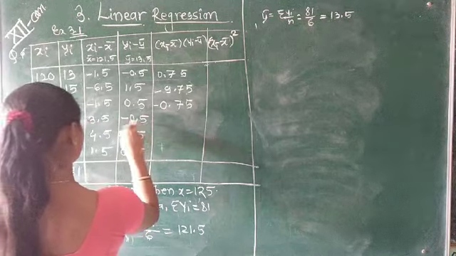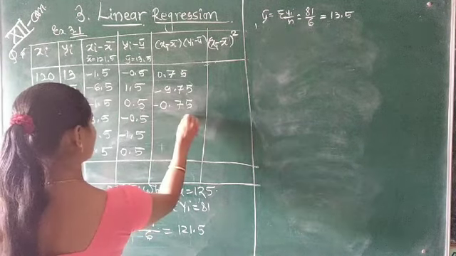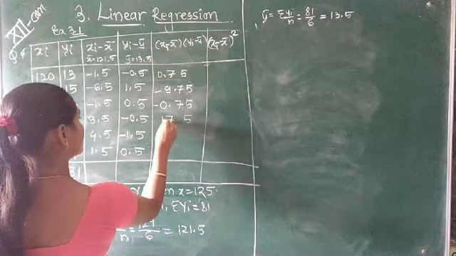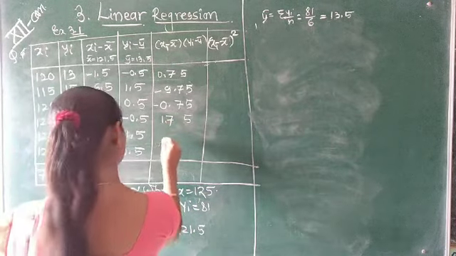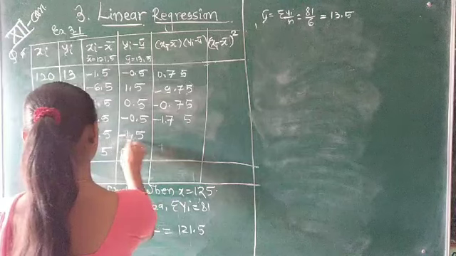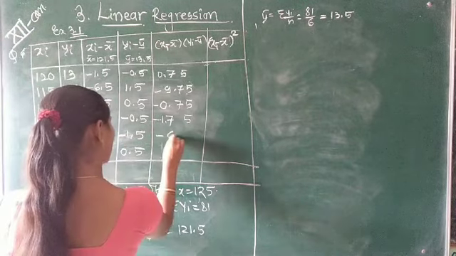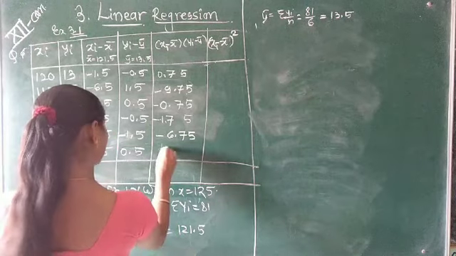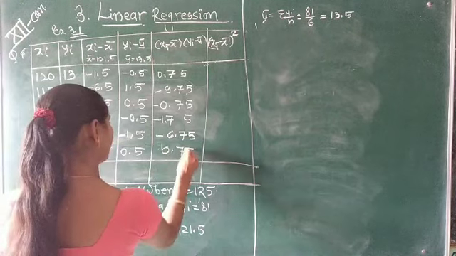Again 3.5 and 0.5, the product is 1.75, but it is minus. Next one, minus 6.75, and the last one, again it is 0.75.